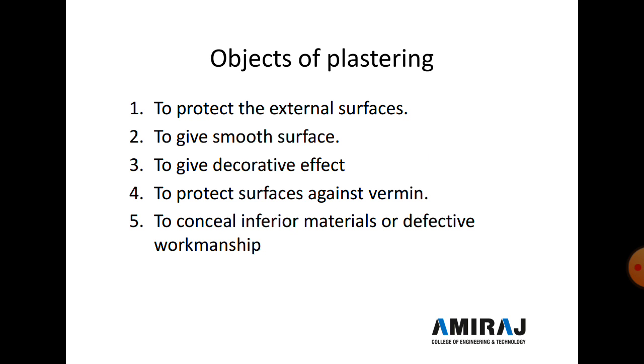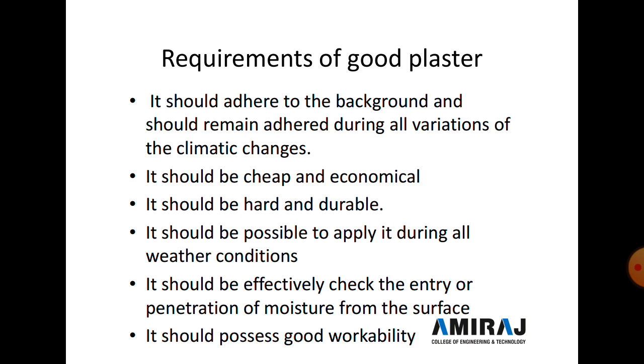It is generally given for decorative purposes, to protect the surface against vermin, and to conceal inferior material or defective workmanship. Sometimes workmanship is not very well done, so by the plastering work, defective workmanship can be concealed.